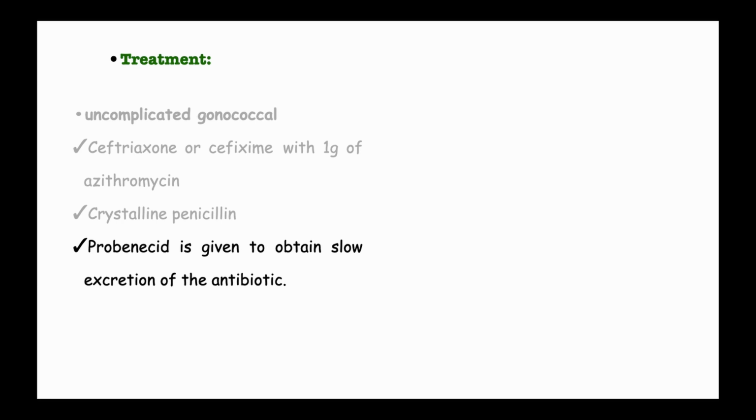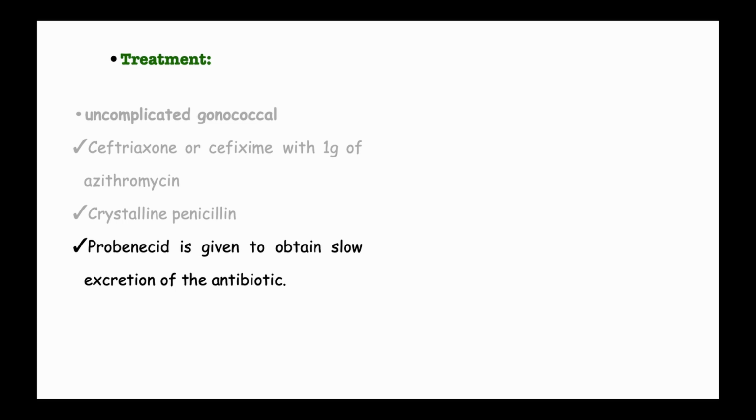This probenecid, how it works is it lowers high levels of uric acid by increasing the urinary excretion of uric acid, and so it is used to treat gout and gouty arthritis.